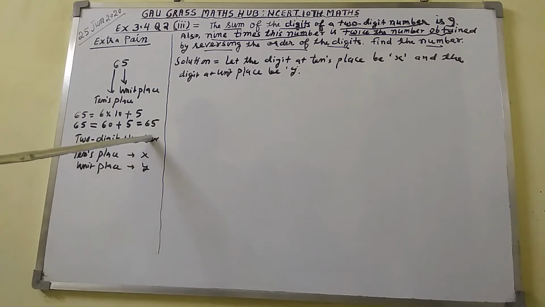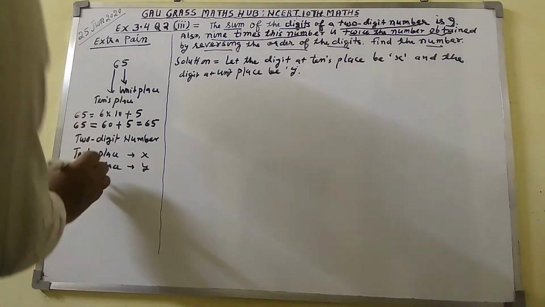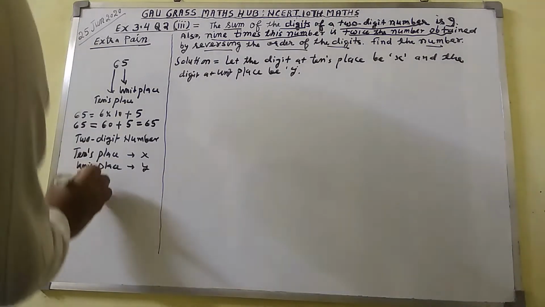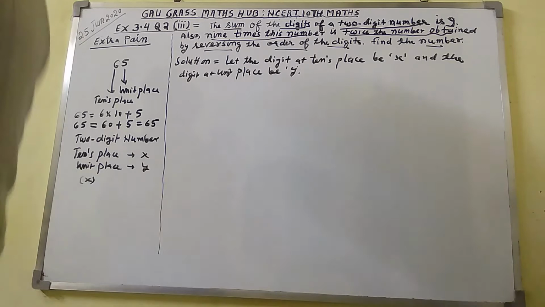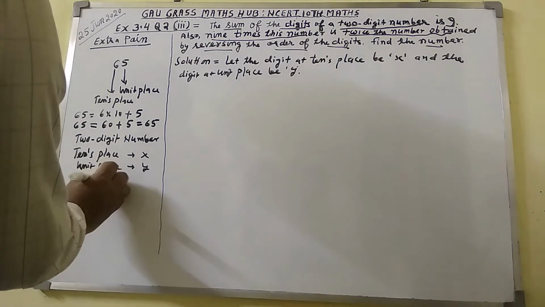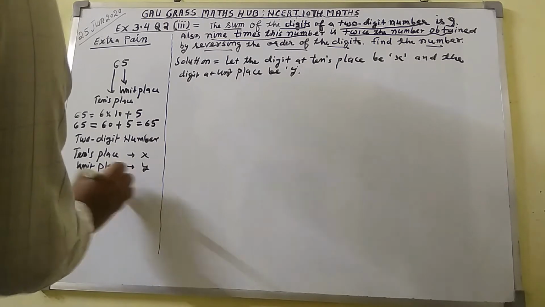What will the two-digit number be if the tens place digit is x and the unit place digit is y? Similarly, we will do here. Since x is at tens place, just multiply x by 10.